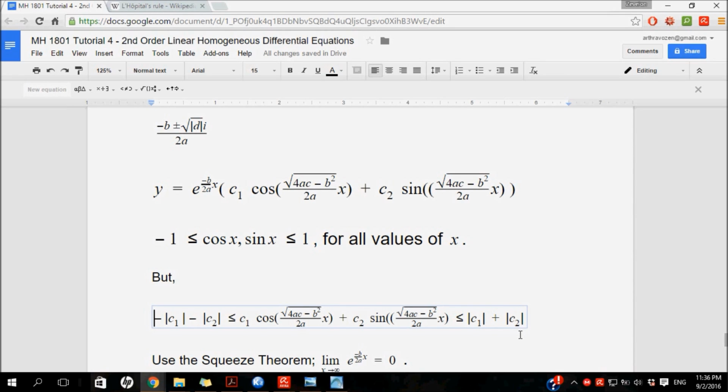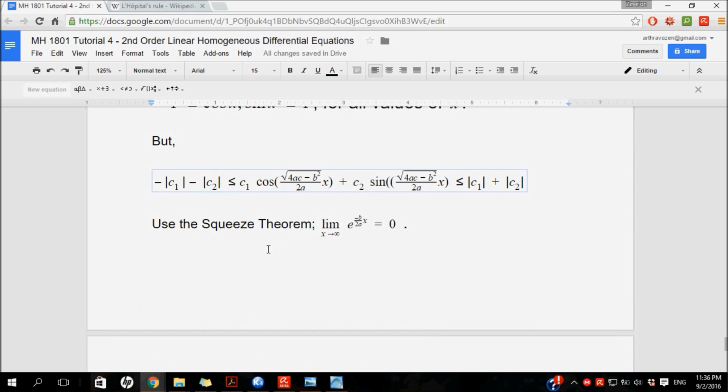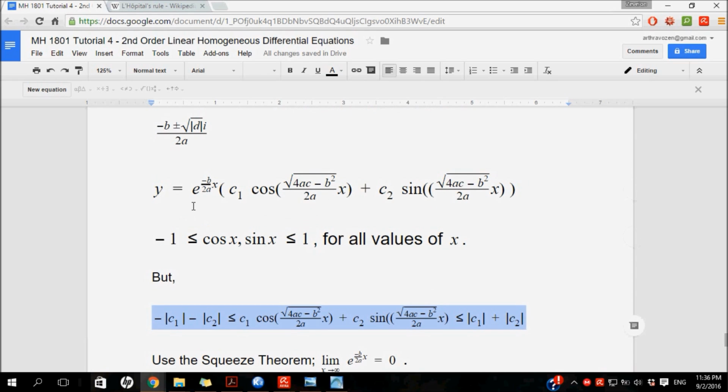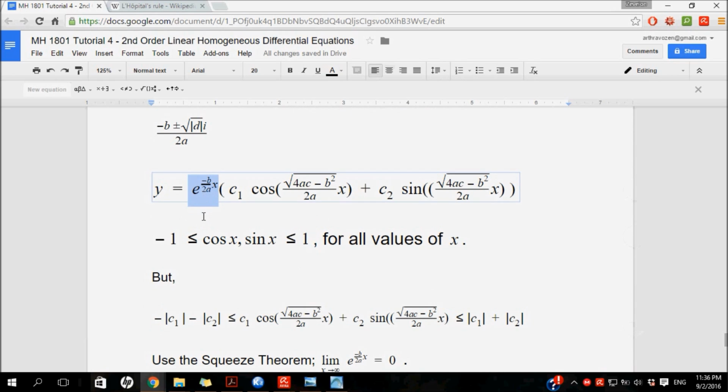Now once we have this, you can see that the next step should be to apply the squeeze theorem. Multiply now this inequality throughout by e to the minus b over 2a times x. Well, we multiply it everywhere, and we see that as we take the limit, as x tends to infinity, the limit of the right hand side is going to be 0.